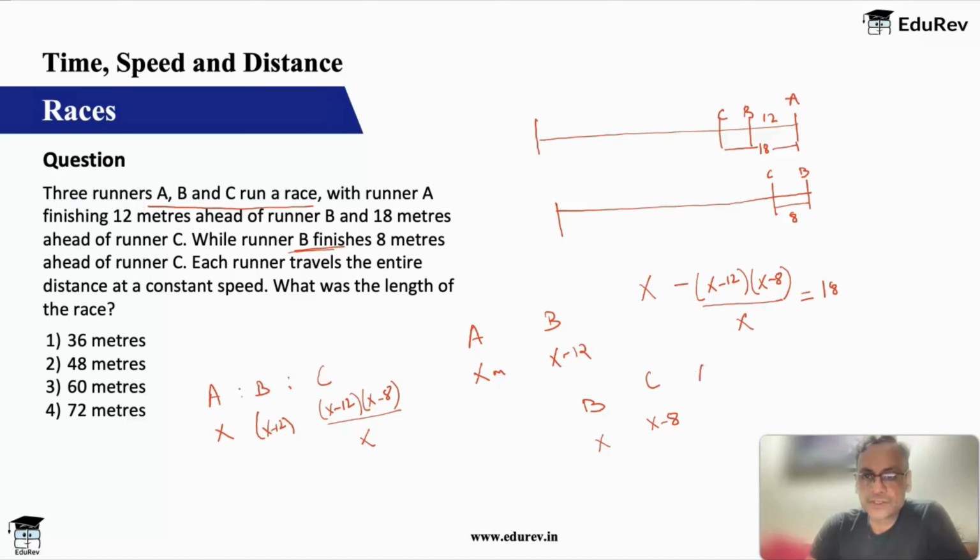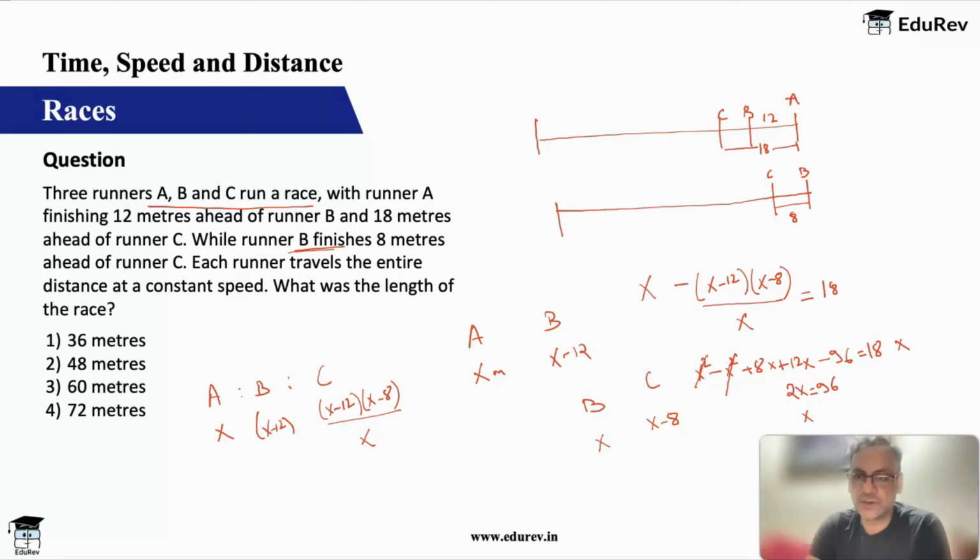So x square minus x square plus 8x plus 12x minus 96 is equal to 18x. It won't be a quadratic actually, this will get cancelled, right? So I have 12x plus 8x, 20x, 20x minus 18x, 2x is equal to 96.